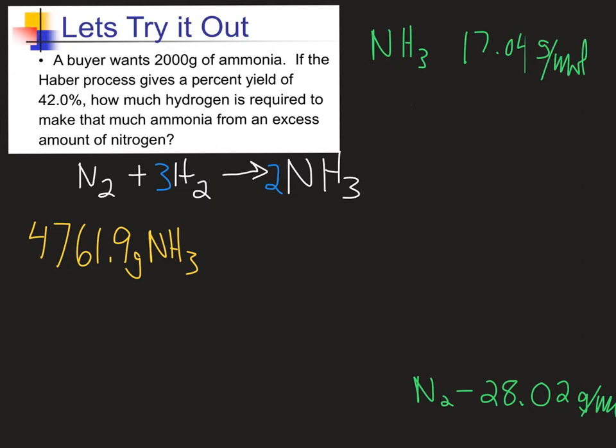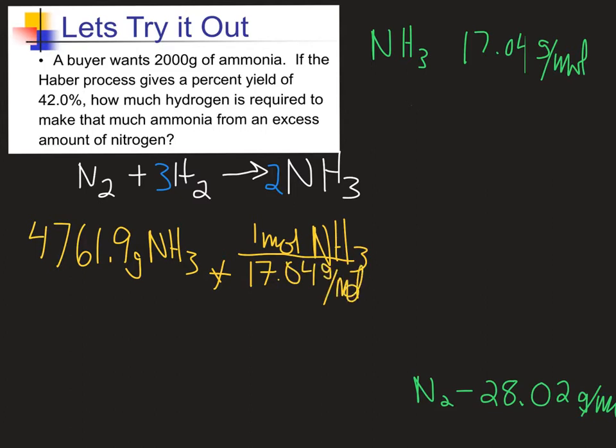I need to take the grams of ammonia and make it into moles of ammonia, utilizing our molar mass, which is normal for us. We use our calculated value, the 17.04 grams per mole. Oh, I already did the grams, so I should probably get rid of that.